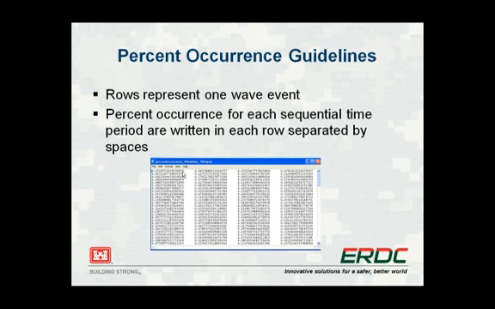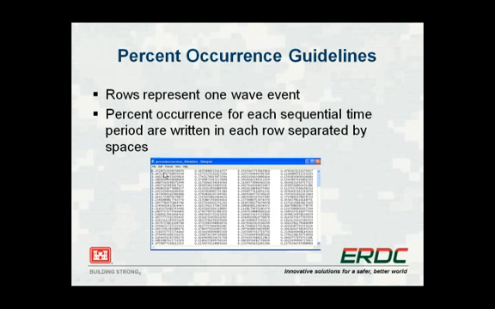Each row represents one bin event. So say you had a bin from 98 degrees to 75 degrees with a height band of 0 to 4 foot, and a period band of 3 to 5 seconds. That would be your first event.